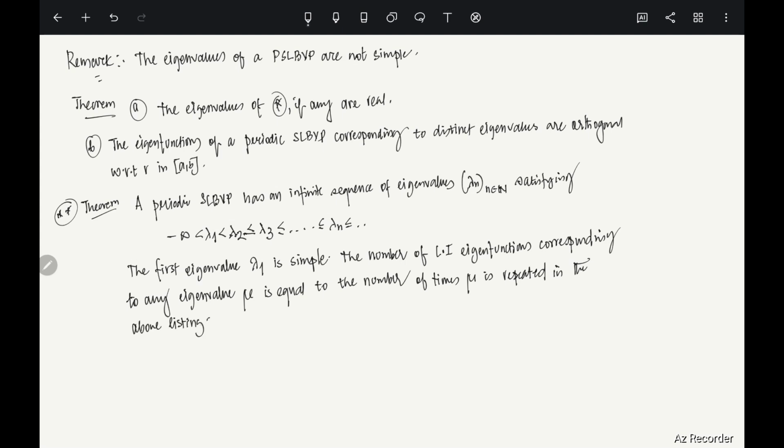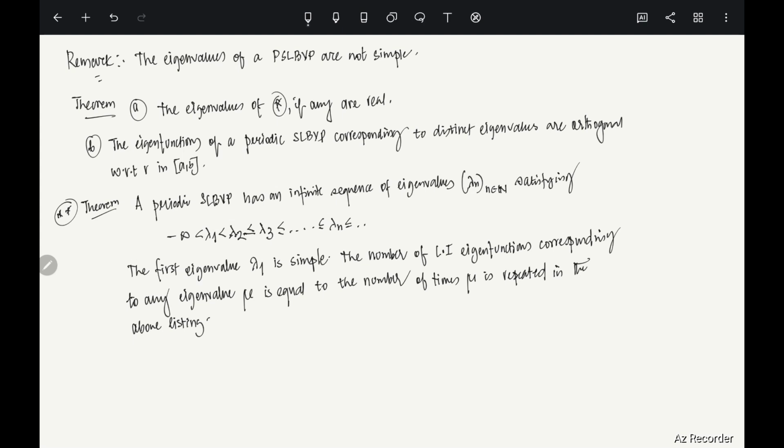This is different here. You remember, for the regular Sturm-Liouville boundary value problem, the eigenvalues are distinct: lambda 1 less than lambda 2, which is less than lambda 3, less than lambda 4, and it goes on like this, such that lambda s goes to infinity. That is what was given there. For the periodic Sturm-Liouville boundary value problem, you don't say something like that.